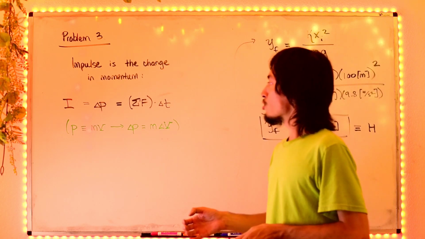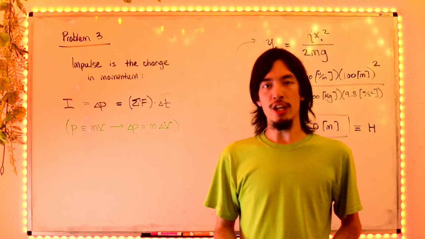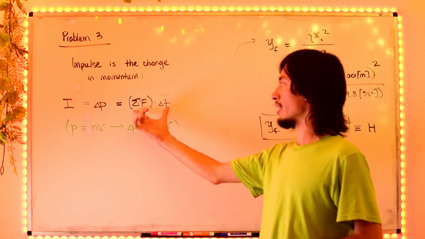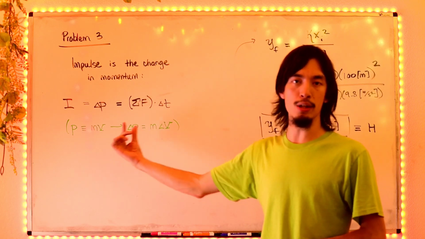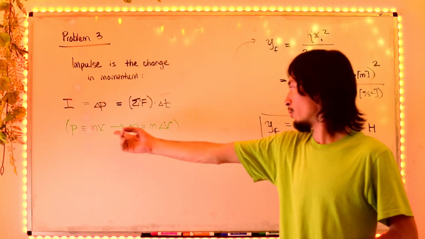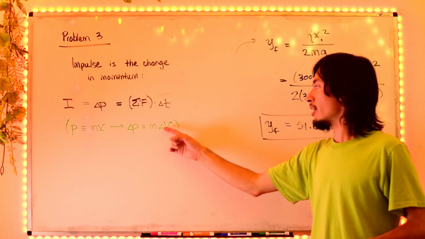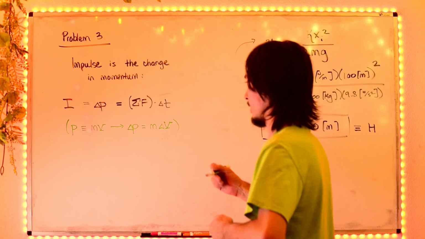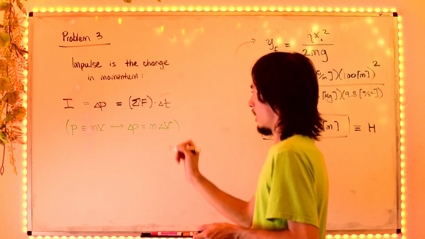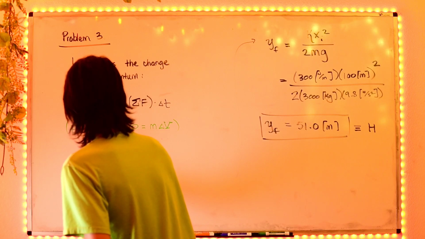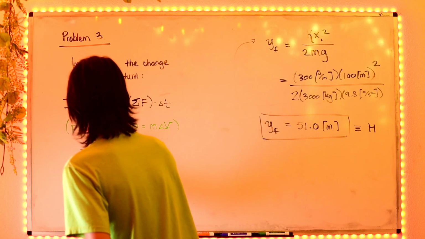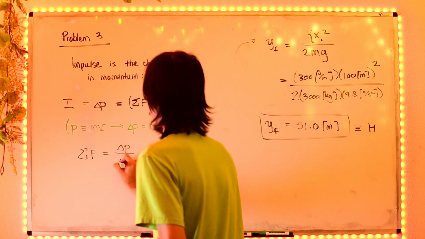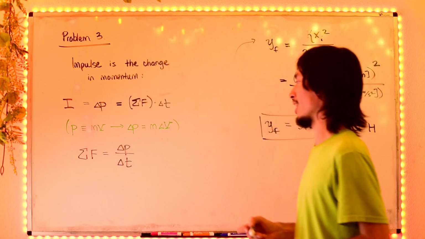So if you needed to calculate a change in momentum, then you could either rely on using the relation to force, or you can use the definition of a change, which is final minus initial, and you can use the change in velocity. Now, in this case, because I do want to relate it to the force, I will use this. The other way that it would be written out, more like Newton's law, is that the net force is equal to the change in momentum over change in time.